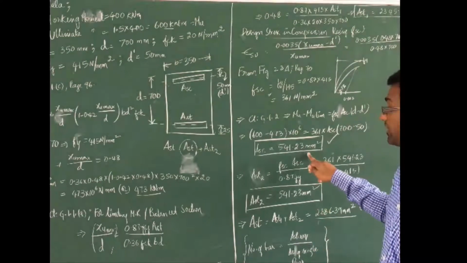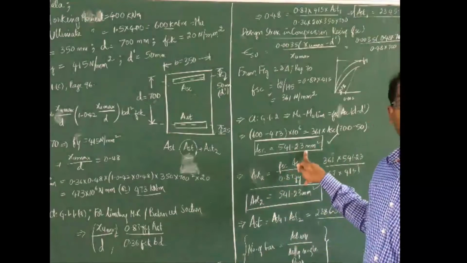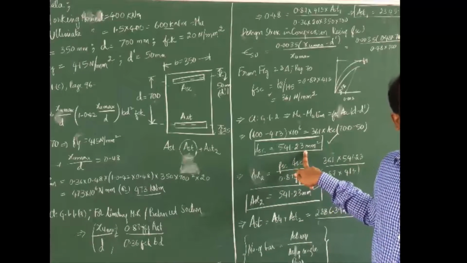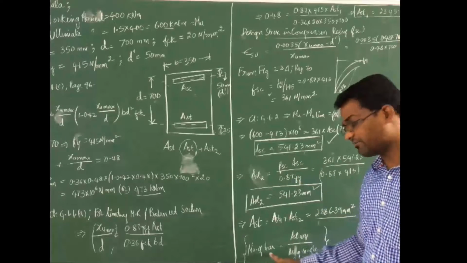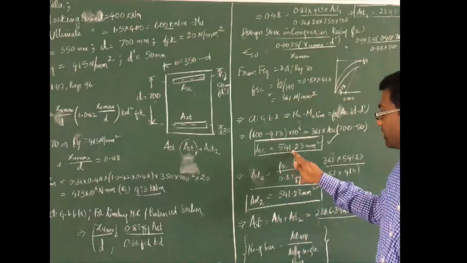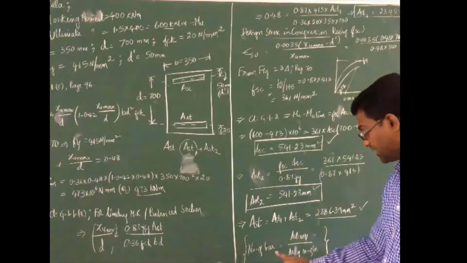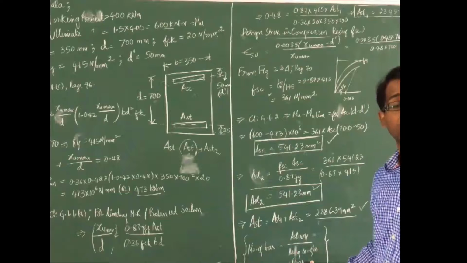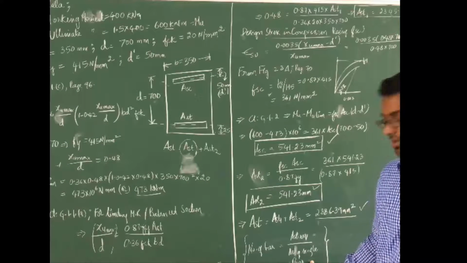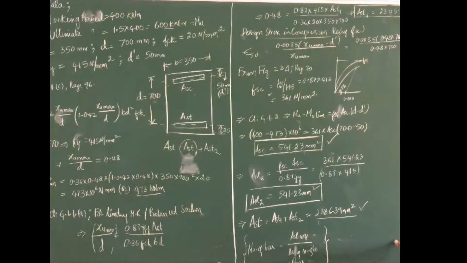For example, if I want to provide a 10 mm bar as compressive reinforcement, the number of bars equals 541.23 divided by pi by 4 into 10 square, because I assumed the diameter as 10. You can calculate the number of bars.